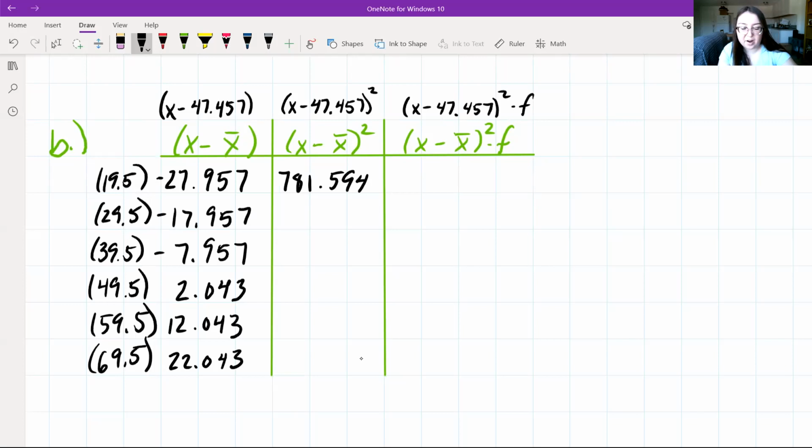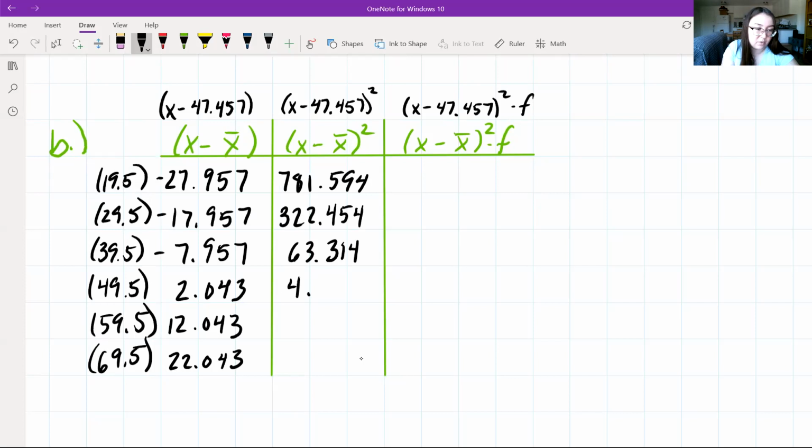Then when we square negative 17.957, we're going to get 322.454. Then we're going to square negative 7.957, and that is going to give us 63.314.